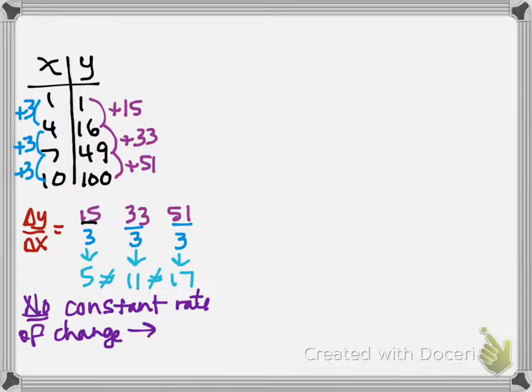Because we have no constant rate of change, then it's not linear. What does that say? No constant rate of change, not linear. So if something's not linear, then what do we call it?